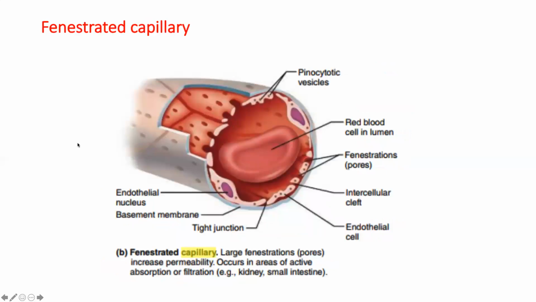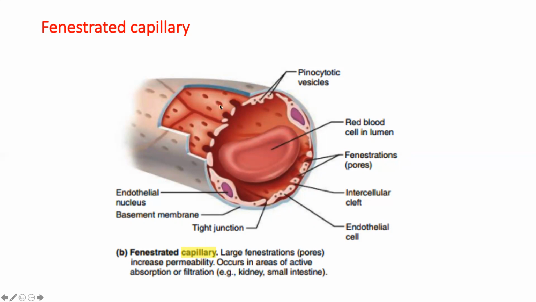Another type of capillaries, which are called fenestrated capillaries. Now you can start seeing small fenestrations in the endothelial cells. The junctions in between the cells are still tight, but you start seeing small little pores, which we call fenestrations. Therefore, these capillaries are called fenestrated capillaries.